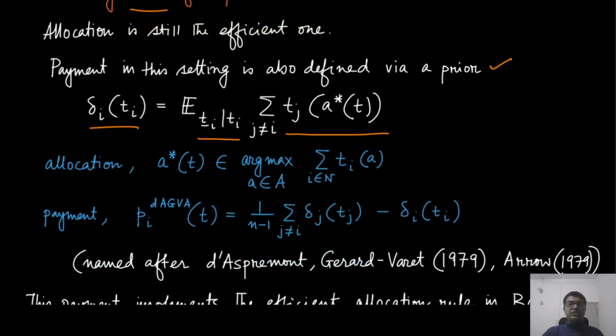So the allocation rule still remains the same. It is still the efficient allocation rule, but the payment rule changes slightly. So the payment rule becomes as shown here. It will be 1 by n minus 1 multiplied with the sum of this delta values for all the players except agent i, and then subtract out this delta i of Ti as shown here.